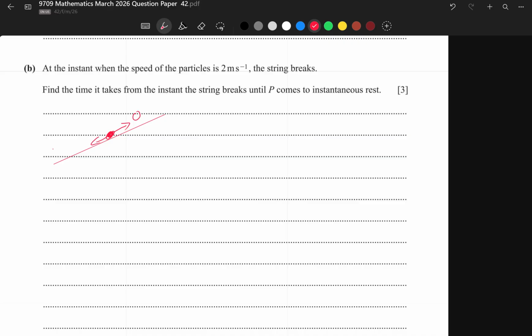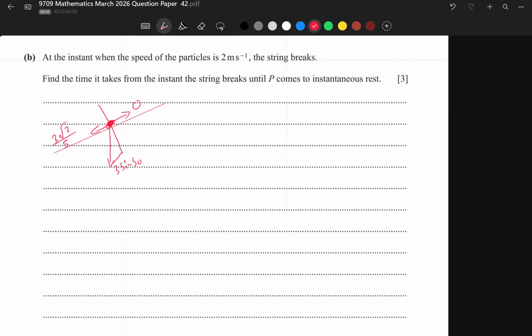The friction is the same as we calculated in the earlier part, 3 whole root 3 divided by 5, and the weight components are the same as well. This is 3 sin 30.